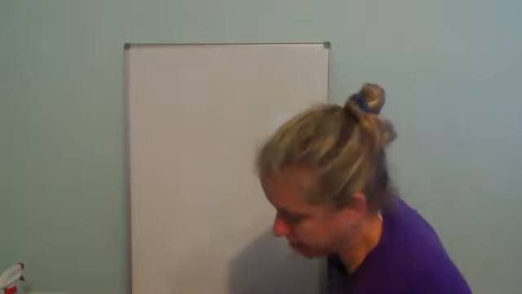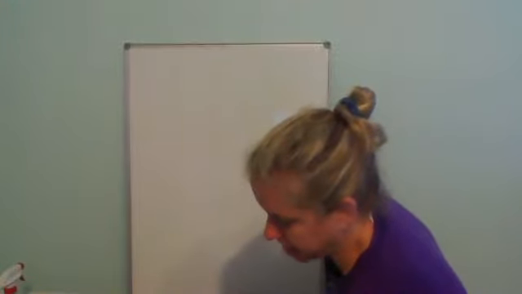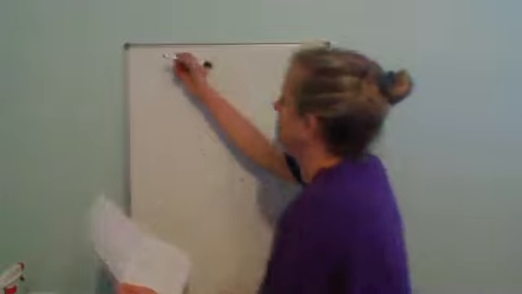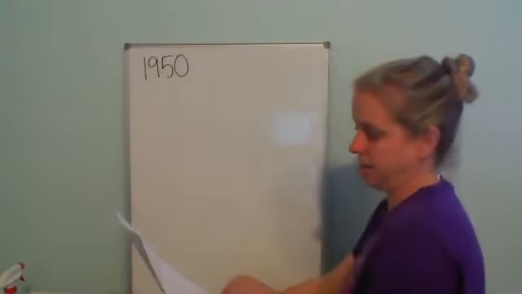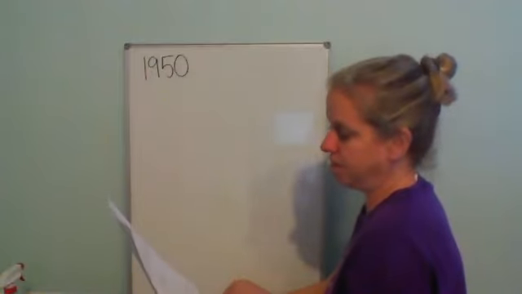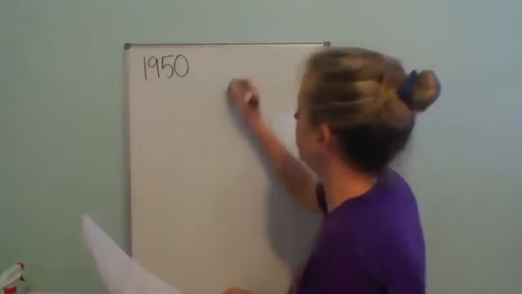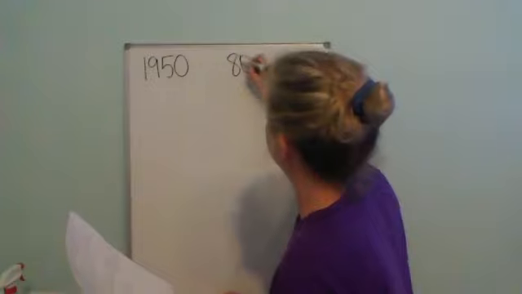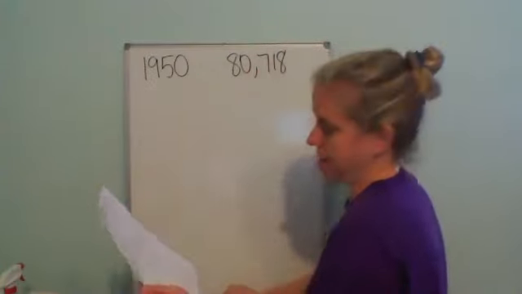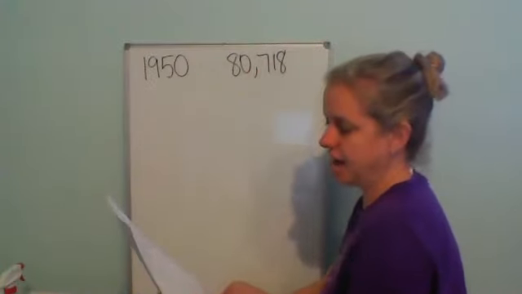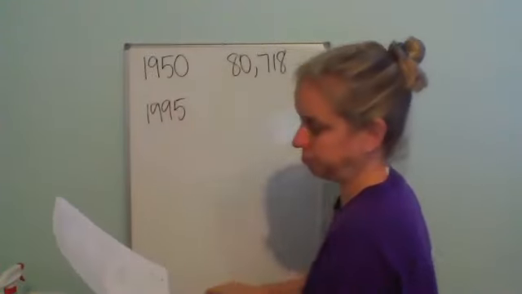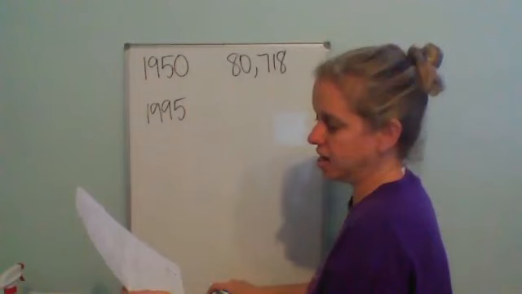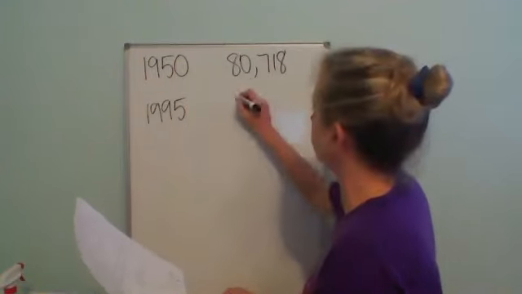Okay, number 5. The number of farms in a certain state has declined continually since 1950. So 1950 is going to be our beginning year. In 1950, there were 80,718 farms. That's my beginning amount. And in 1995, the number had decreased to 20,739.